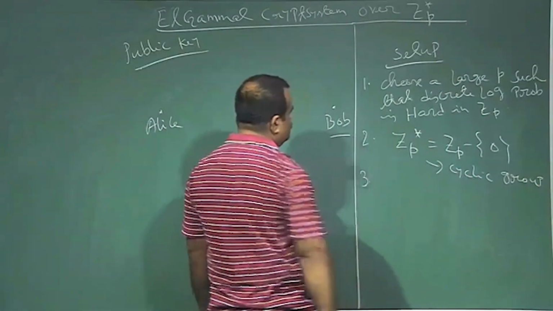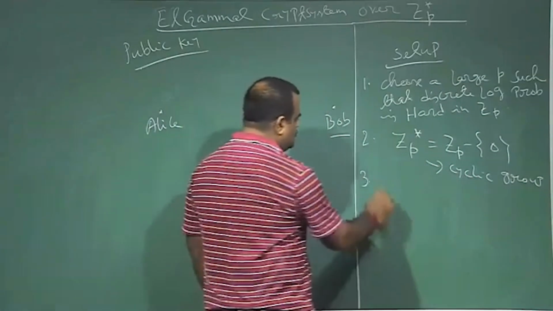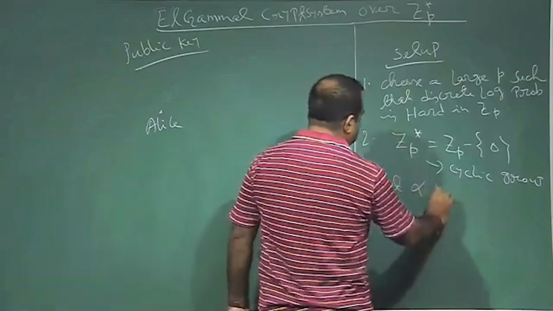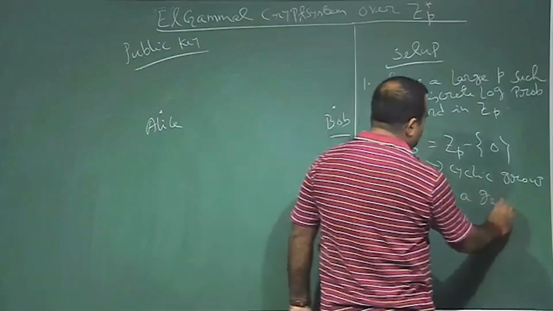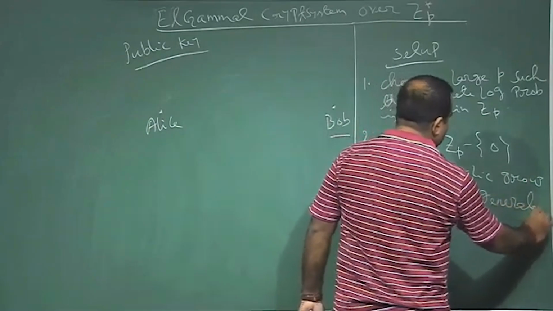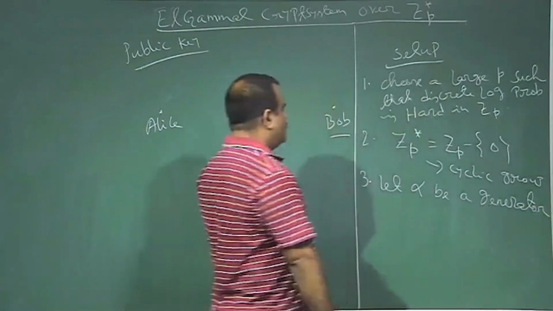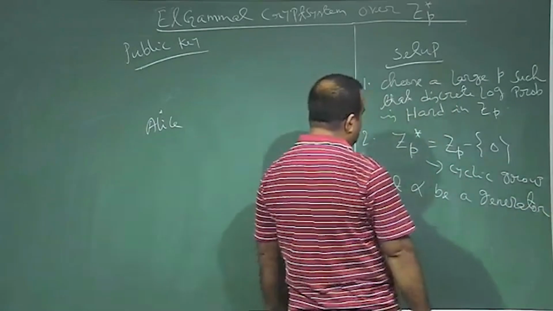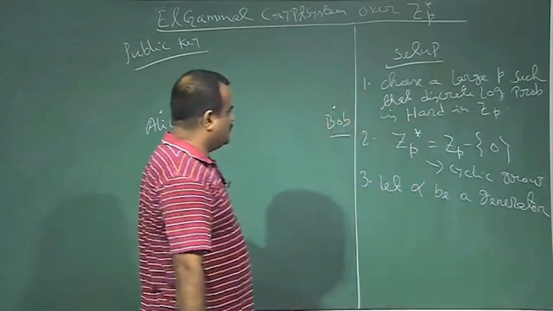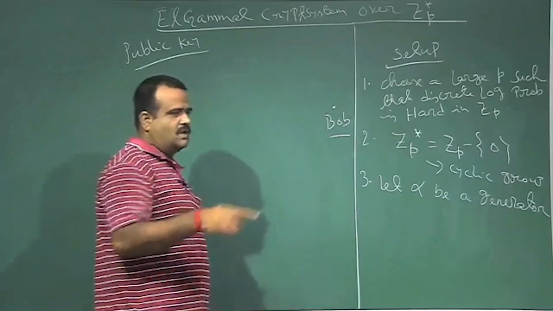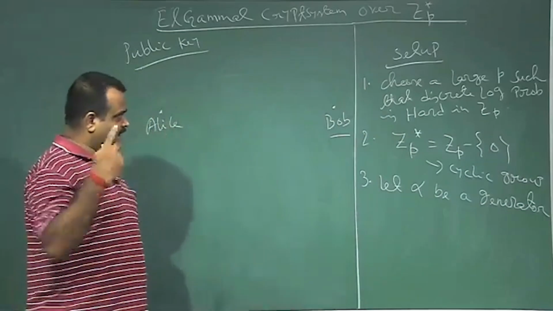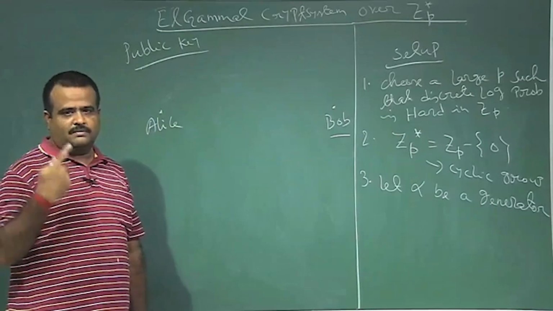Bob will choose the generator: let alpha be a generator or primitive element of Zp star. It will generate the group, alpha squared and so on. This is a cyclic group in the multiplicative sense.